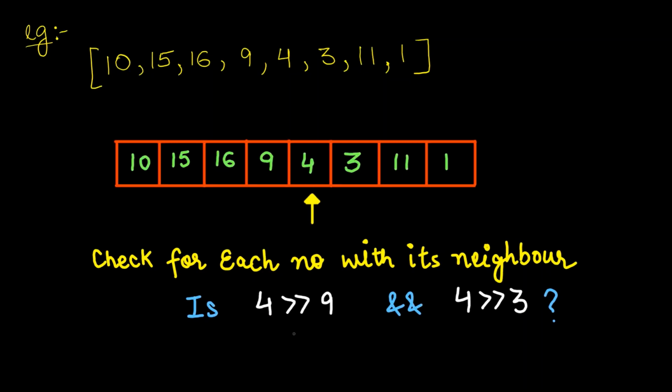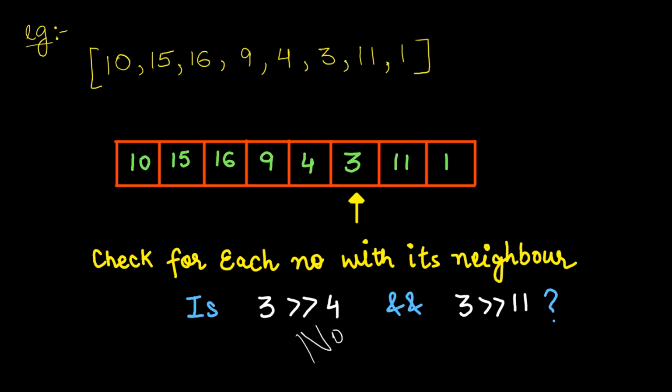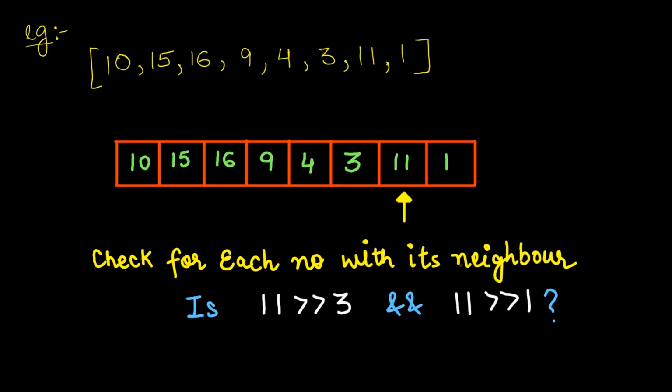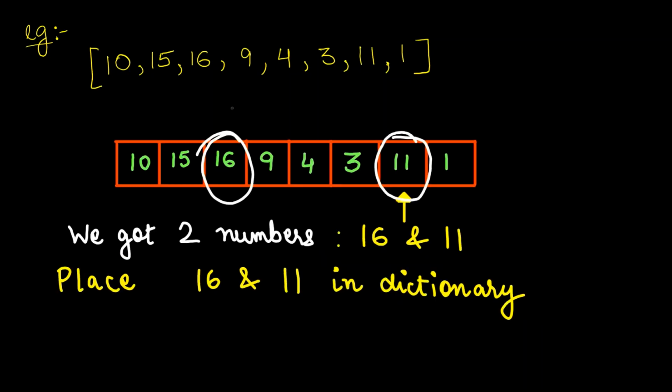Is 4 greater than 9? No. Then we will check 3. Is 3 greater than 4? No. So it is not a peak. Then we will check 11. Is 11 greater than 3 and 1? Yes. Here it is making a peak. So we got our second peak. So by now we got our two peaks.